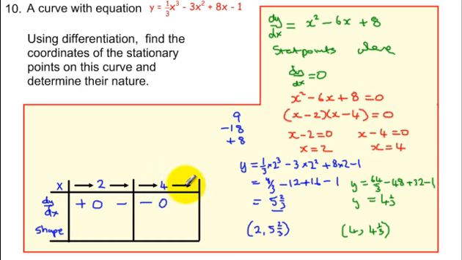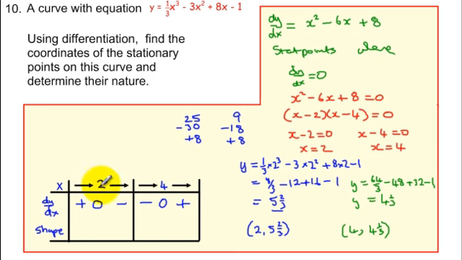Taking a value beyond 4, 5 for example, fitting that into dy by dx, 5 squared is 25, minus 6 times 5 is minus 30, with a plus 8 at the end. 25 minus 30 is minus 5, plus 8 is plus 3, so this is positive.